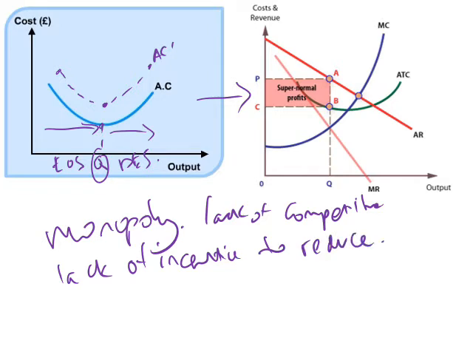And then this makes the usual monopoly with its welfare loss, so the loss to the consumer, but also the benefit of supernormal profits can be reduced.